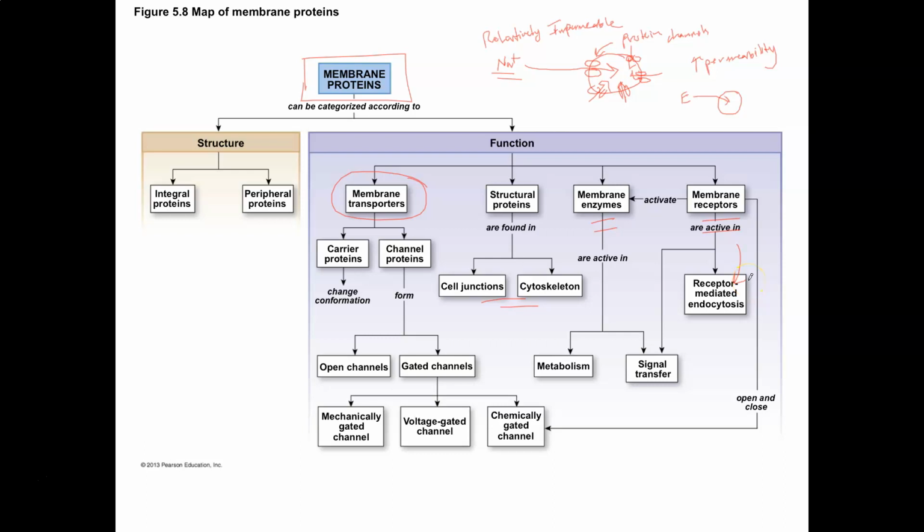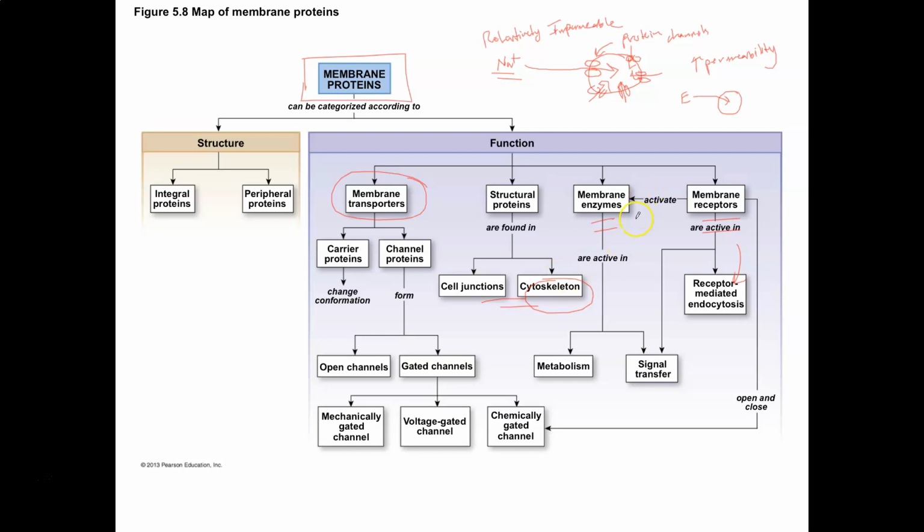So membrane protein functionality is an important concept to study. So what do we mean by a structural protein? A structural protein in the membrane would basically be cytoskeletal kinds of things. A structural protein might be involved in cell junctions, tight junctions, gap junctions, those kinds of things.